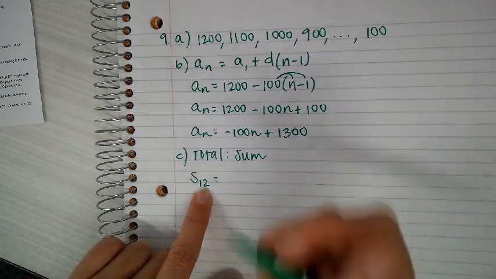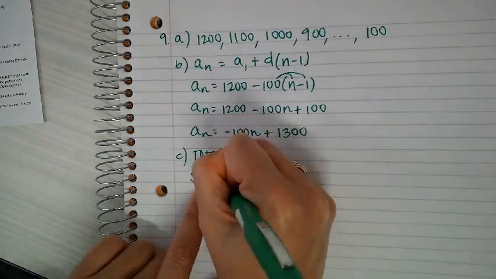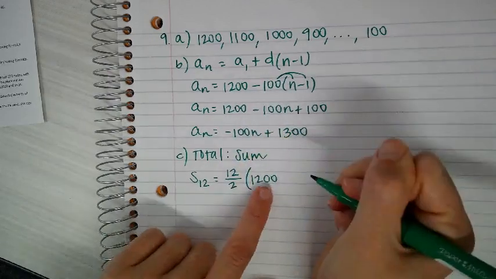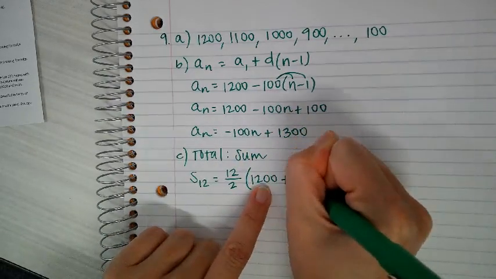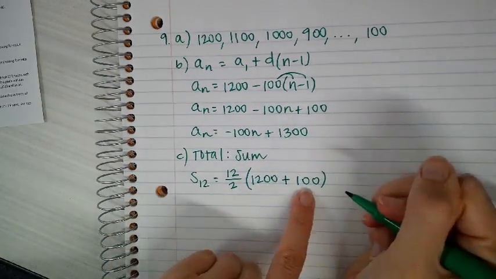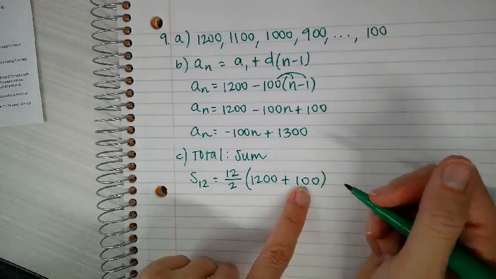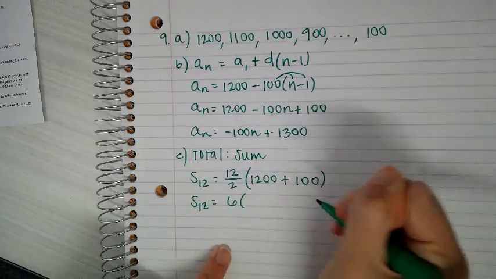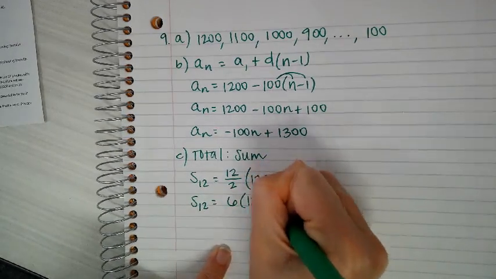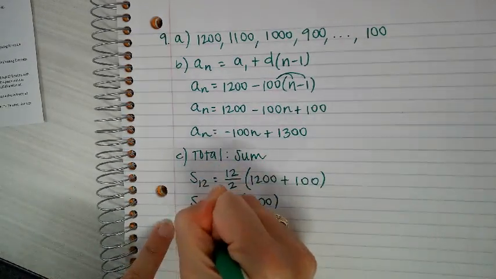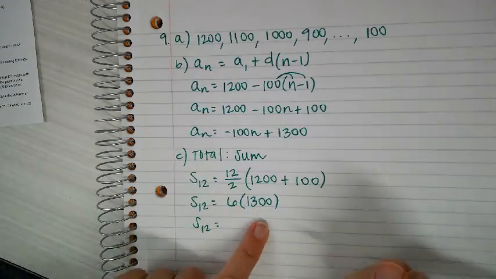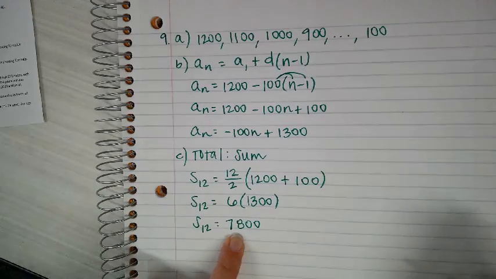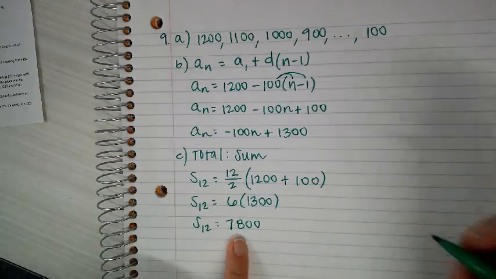So n is going to be 12. First prize was 1,200. And then the 12th prize is 100. So 6 times 1,300, which we then can multiply and get $7,800 in prize money.